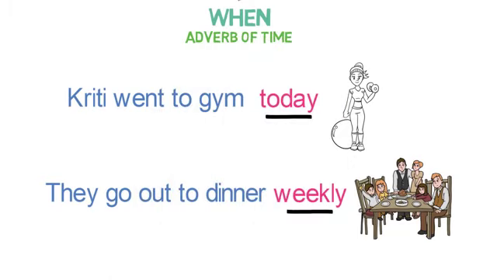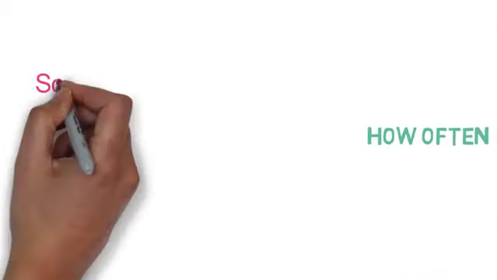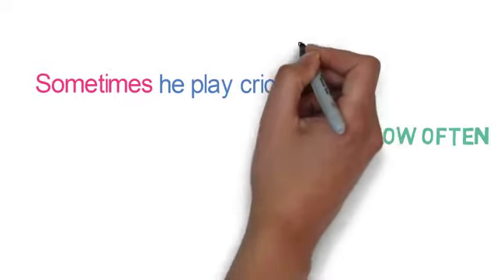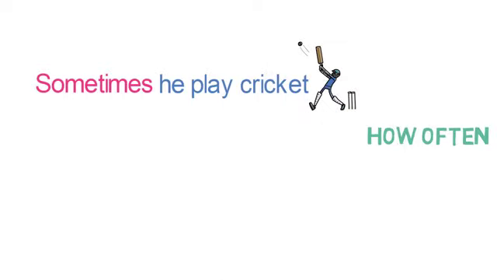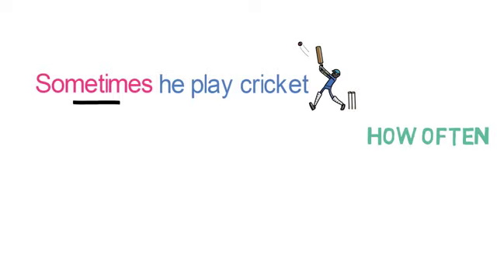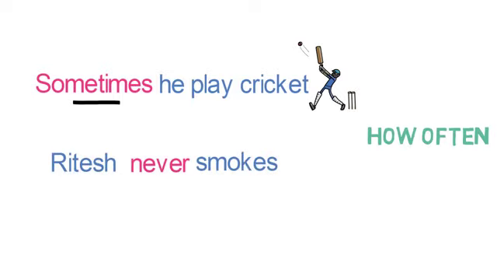Now, let's look into the 4th way in which we describe an action: how often or how frequently the action is happening. Sometimes he plays cricket. Here we understand that he plays cricket, but what is the frequency, or how often does he play? He plays sometimes. So sometimes is an adverb here. Ritesh never smokes.